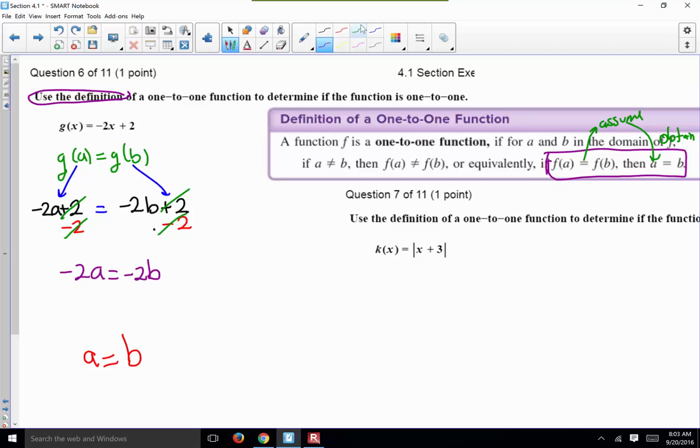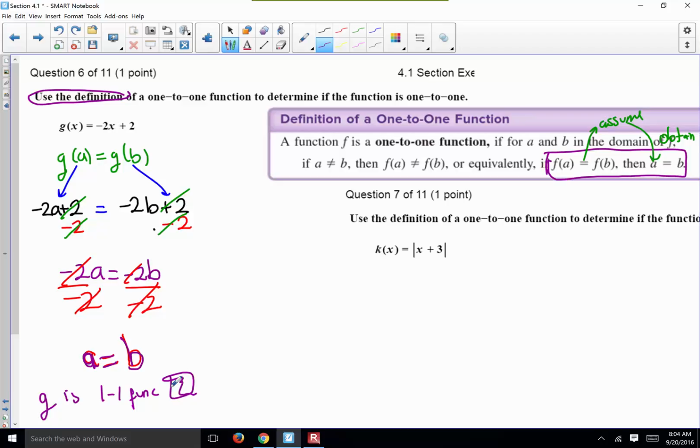What do I do next? Divide. And voila, we have a equals b proven. Alright, that's it. You just say the conclusion here: g is a one-to-one function. That's it. This is the proof.